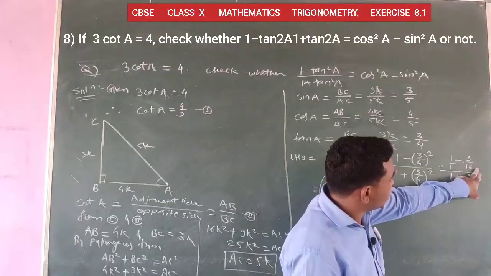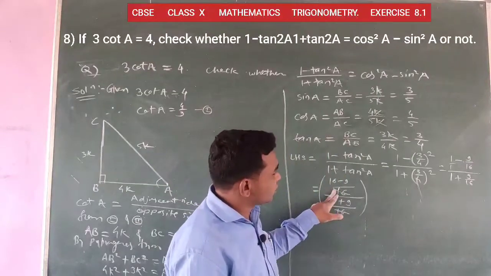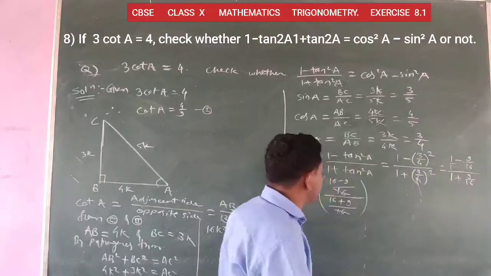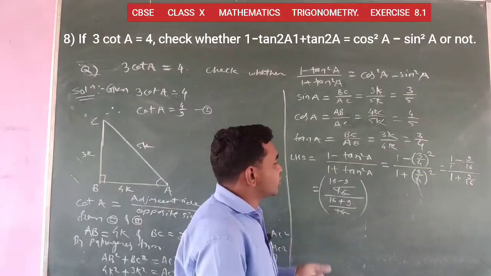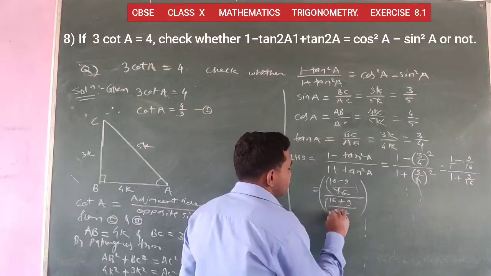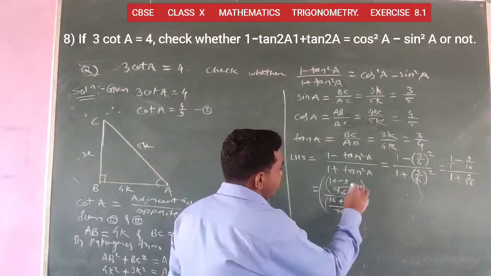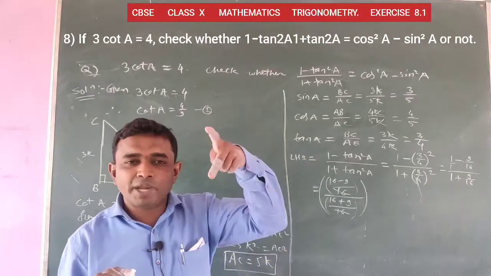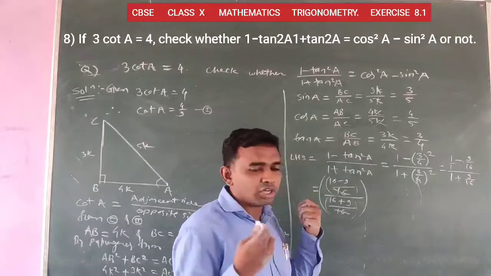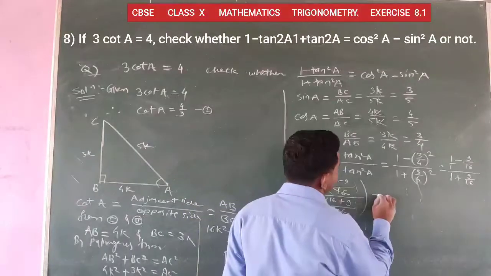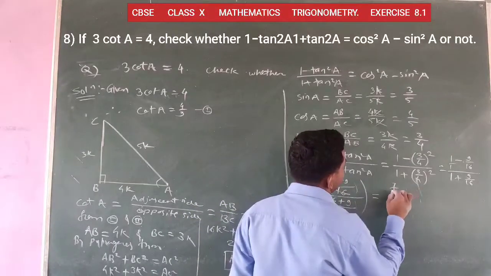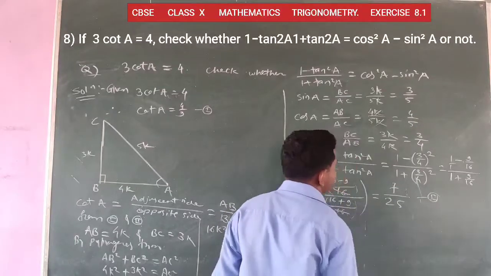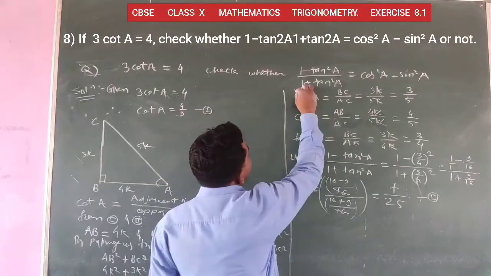So LCM is 16, and after the cross multiplication 16 into 1 minus 1 into 9, that means 16 minus 9, and the same procedure repeats in the denominator. Understand? Fractions are present in the numerator and in the denominator, both having the same denominator 16, so they get cancelled. And here 16 minus 9 means 7 upon 16 plus 9 is equal to 25, given the equation number first. And this is the LHS.